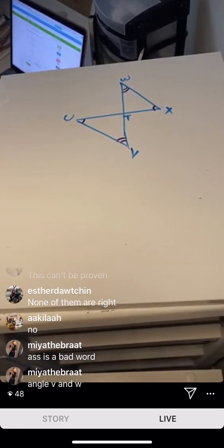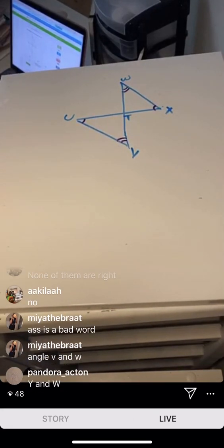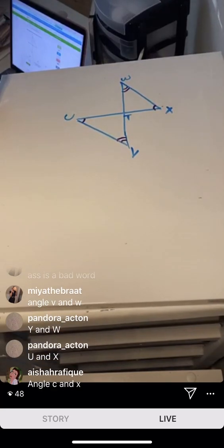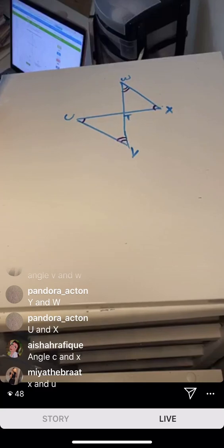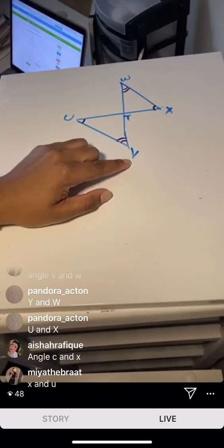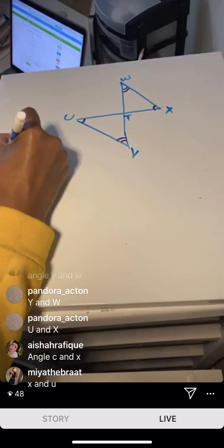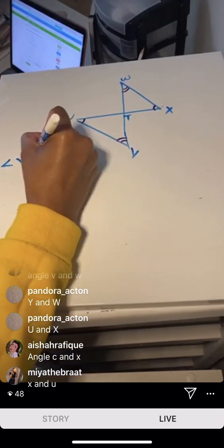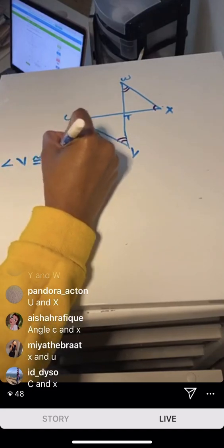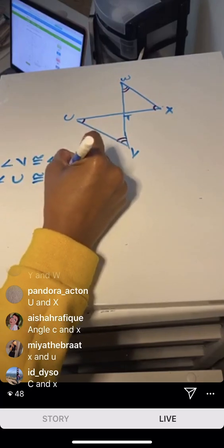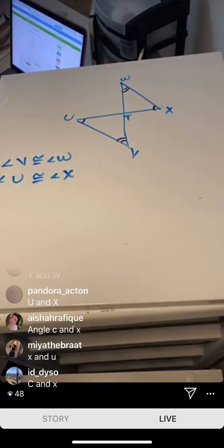We got Mr. Jess Class joining in. I see you sneaking in. Tell me what's congruent here in the comments. This is a V. I'm sorry, that looked like a Y. So we got angle V is congruent to angle W, and angle U is congruent to angle X. All right?